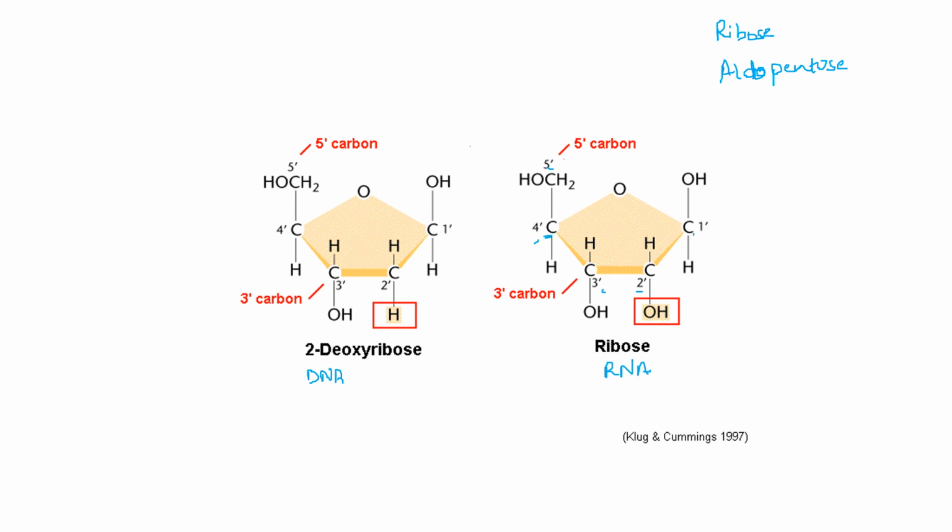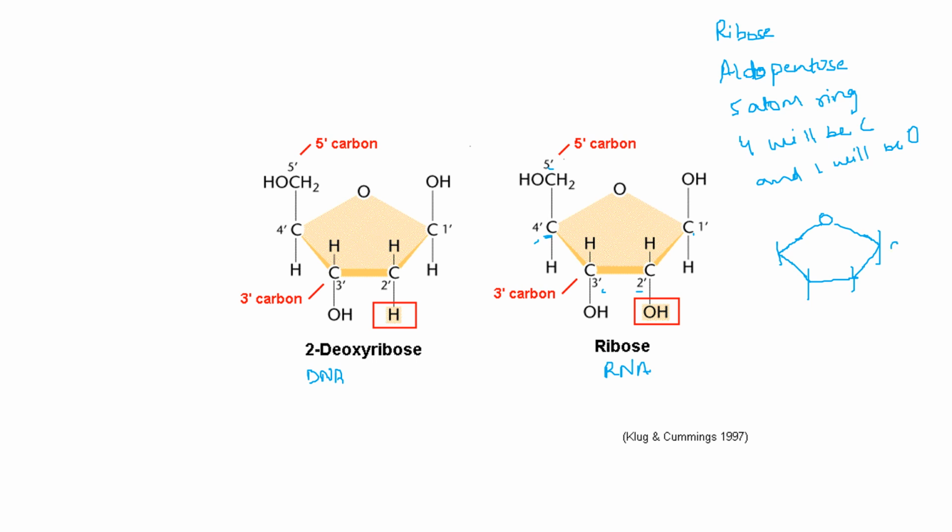Pyranose form here means it will form a 5-atom ring, of which 4 will be carbon and one will be oxygen. This is how you make the pyranose form.